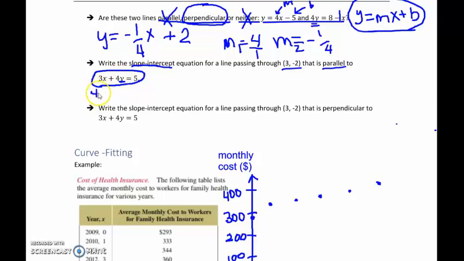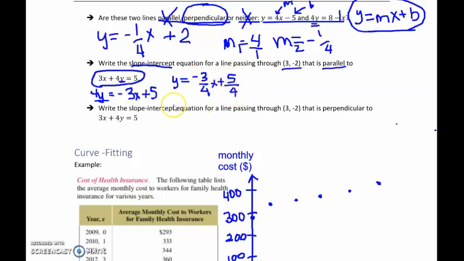So we subtract 3x from both sides. We get 4y equals -3x plus 5. We still need to divide by 4 in order to get the y by itself, and we get y equals, dividing the -3x by 4, we get -3/4x, and then dividing the 5 by 4, 5/4.